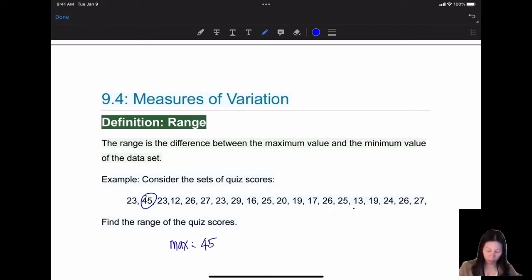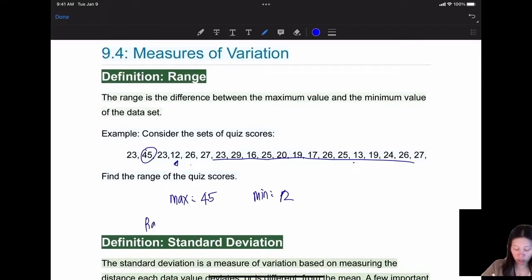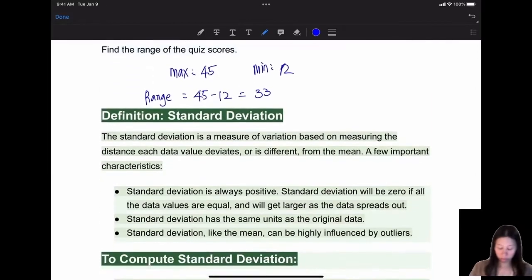Now let's find the minimum. Minimum 12. Is any number less than 12? Nope. So this is our minimum, 12. So the range is equal to the maximum minus the minimum. So the range of this quiz score would be 2.5. That's a really big gap in here.